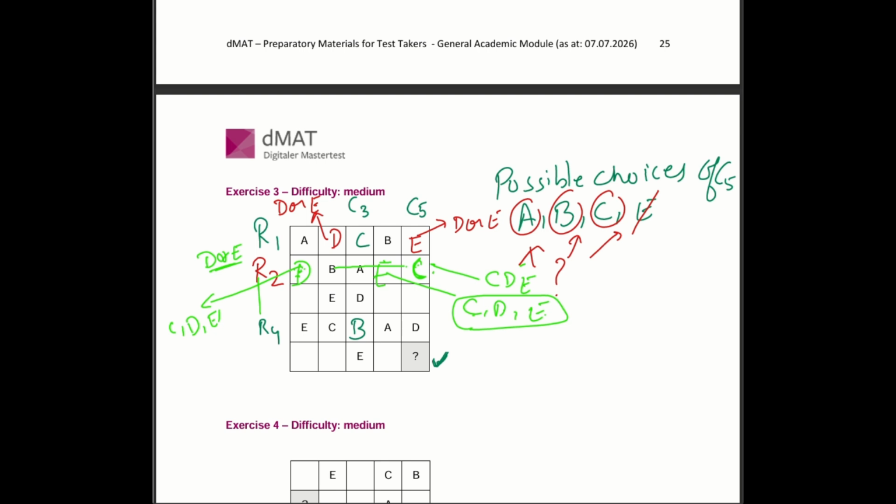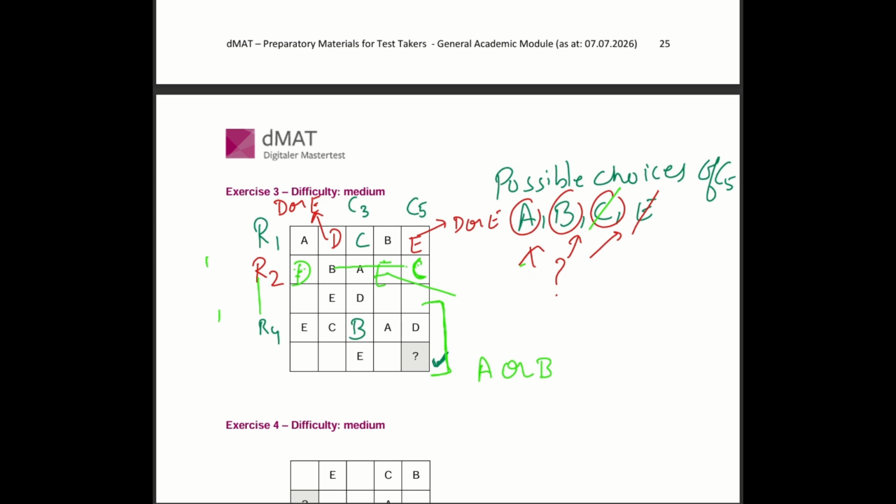Okay, that is correct. Now move here. So this is also eliminated, so the options for these two boxes are A or B. Now move here.